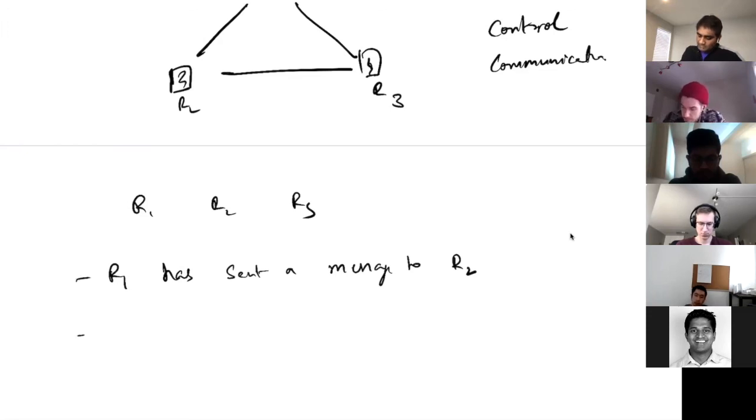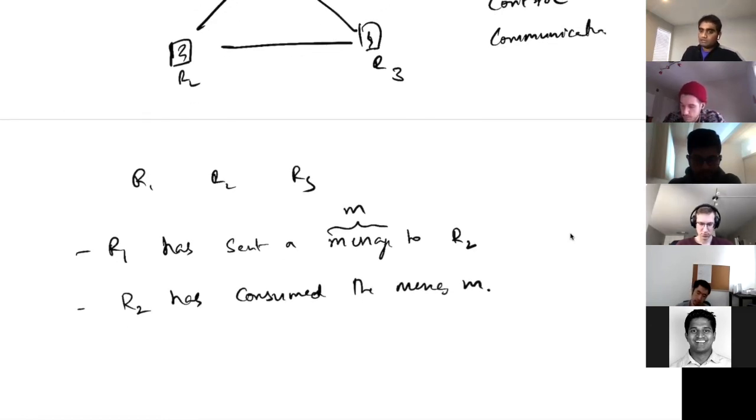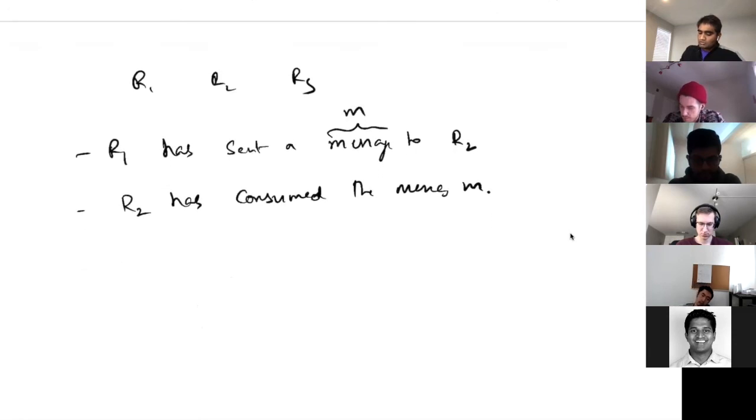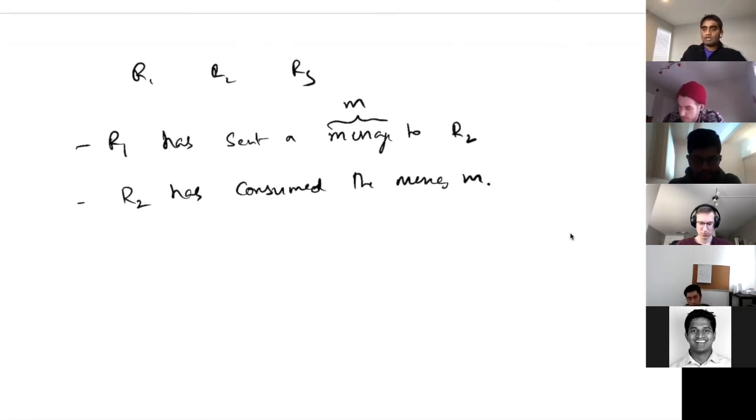Or another event, for instance, that R2 has consumed the message, let's say this message is M. So how do you go about representing these sort of events in mathematics?